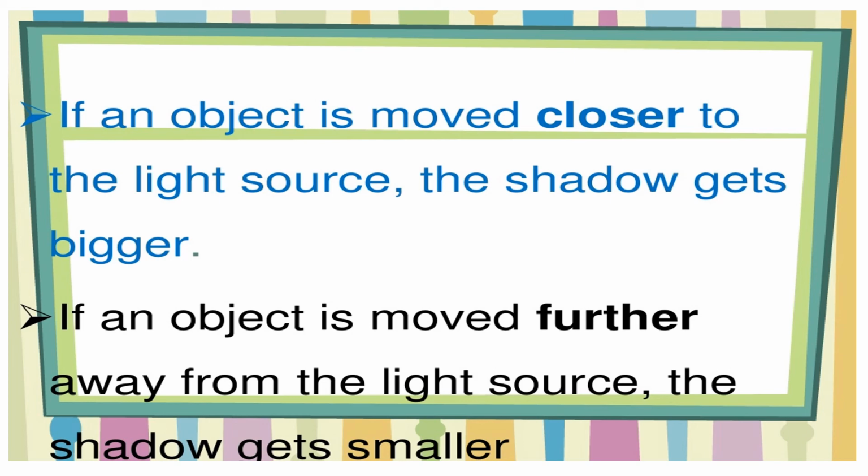We used the doll and a flashlight, and when we brought the doll closer to the flashlight, what happened? The shadow of the doll became bigger. And when we took it further away from the light source, what happened? The shadow became smaller.